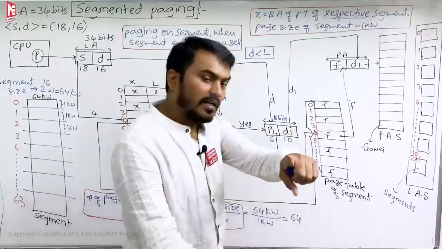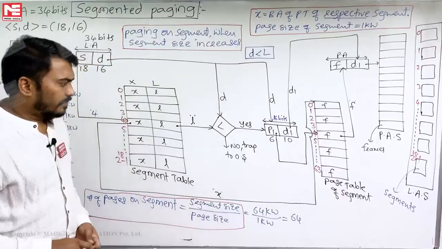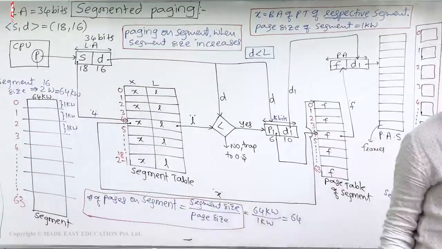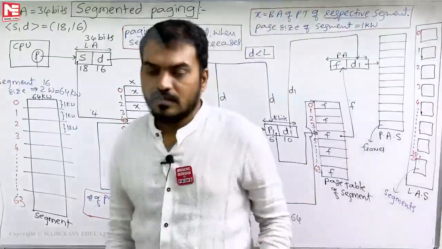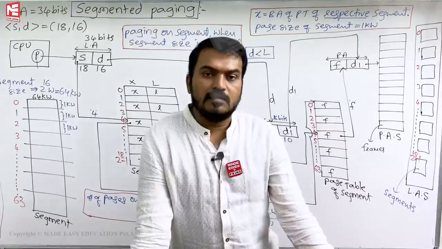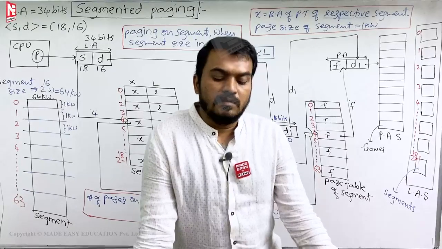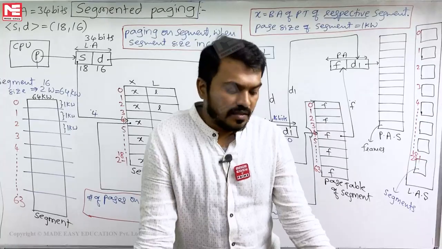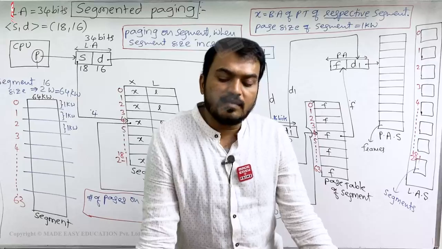Okay, note down. P1 equal to number of bits required to represent pages of segment.